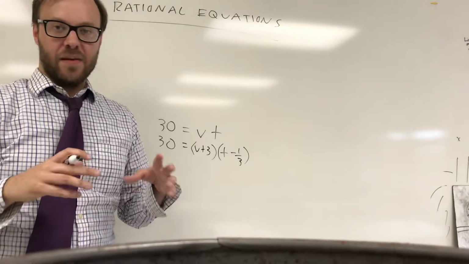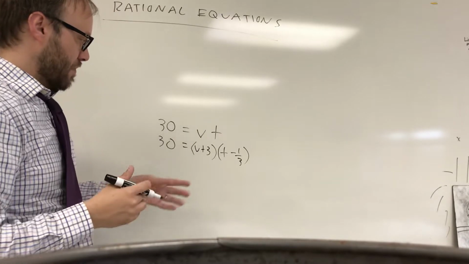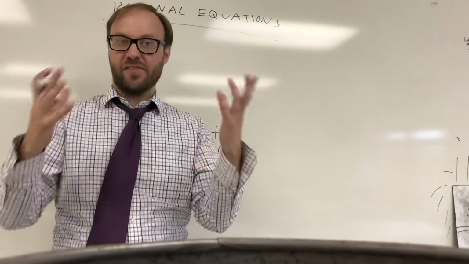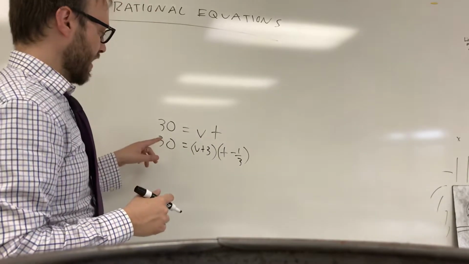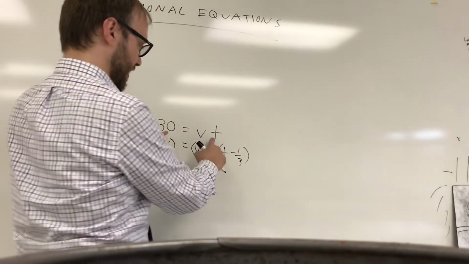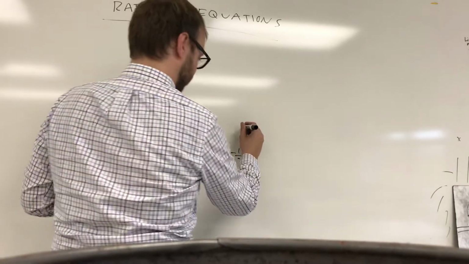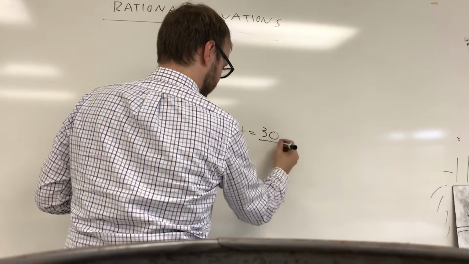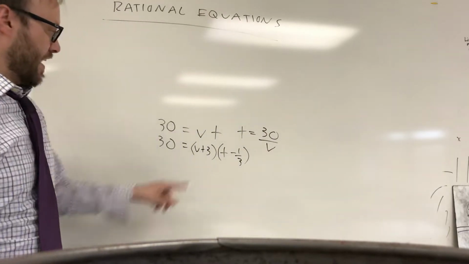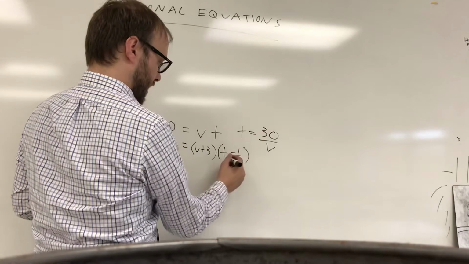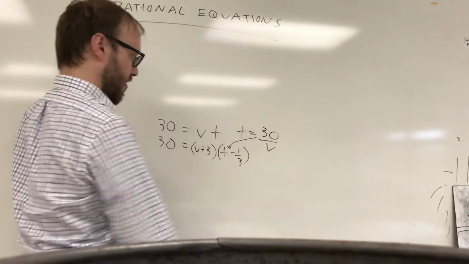I don't think elimination is going to work real well here. I don't think you're going to be able to add and remove things and cancel variables. What I'm looking at here is, for example, I could solve for the t variable here. If I divide both sides by v, I would find out that t is equal to 30 over v, right? I can divide both sides by v. And so I'm going to replace the t in this equation with a 30 over v.